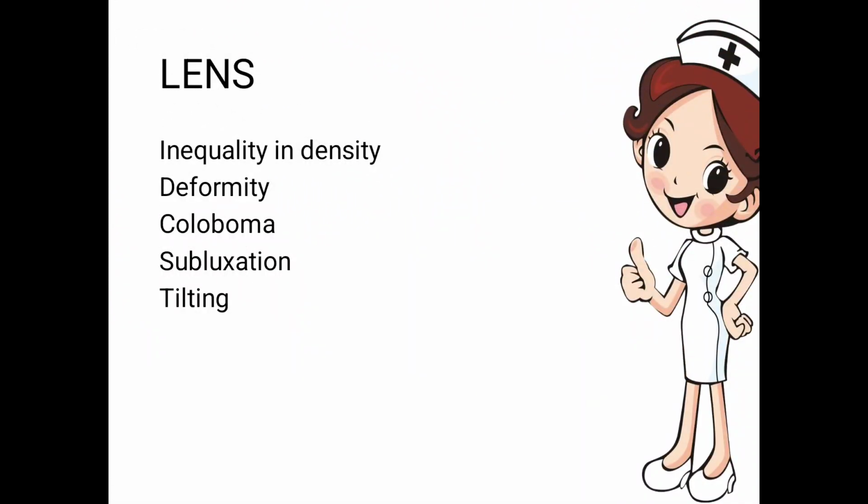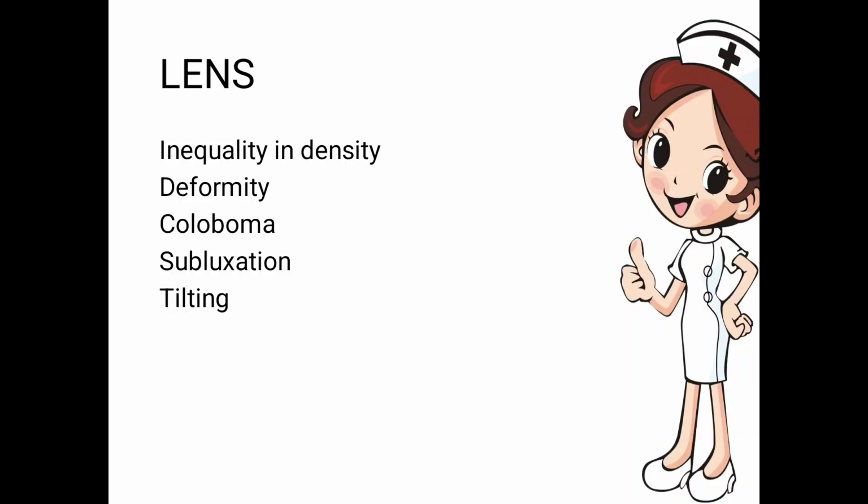Next one, lens. Irregularity, inequality in the density. The density of the lens changes, the refractive index of the lens changes. In early cataractous changes, if the person has nuclear sclerosis, posterior subcapsular cataract, or cortical cataract, in any kind of cataractous changes the lens becomes disturbed and there is an inequality in the density, because the cataract occurs in different parts of the lens.